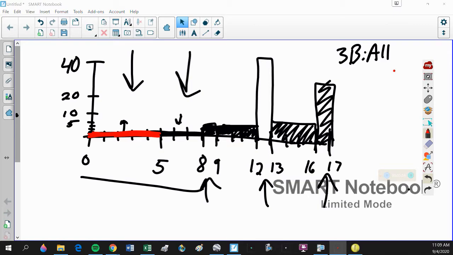Okay. And then 10 divided by 3 is 3.3. And then 13 divided by 1. And then 19 divided by 3 is a little bit bigger than 6.